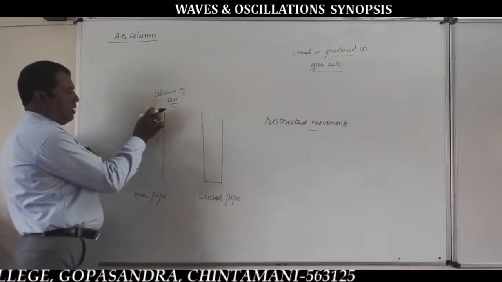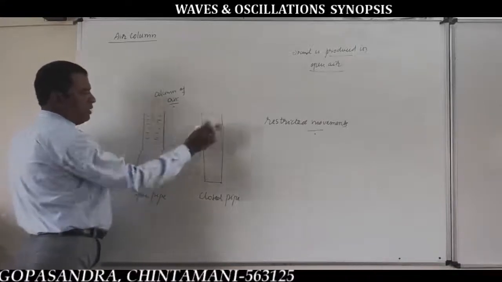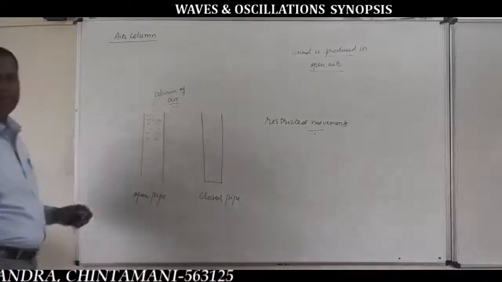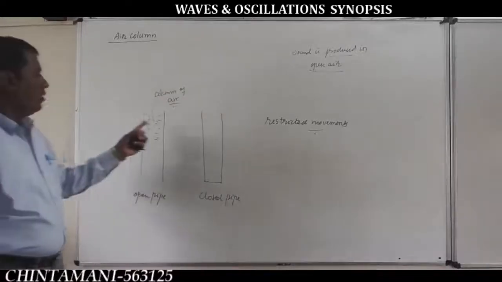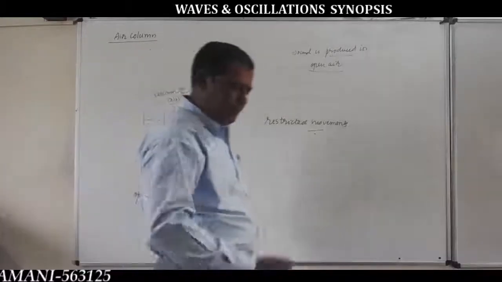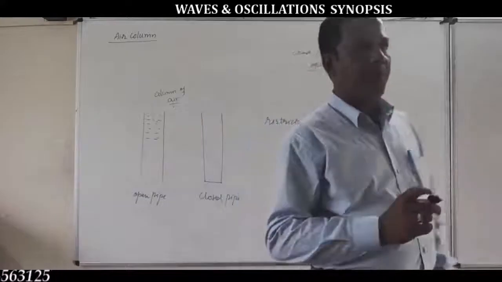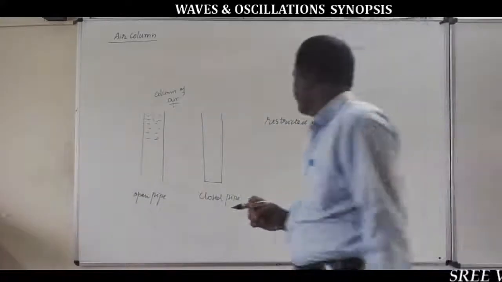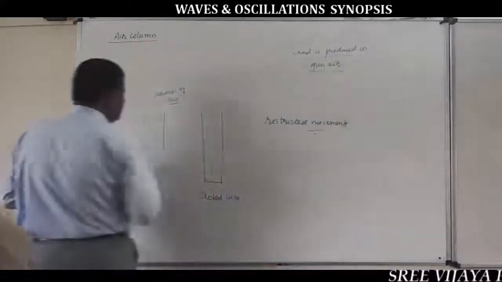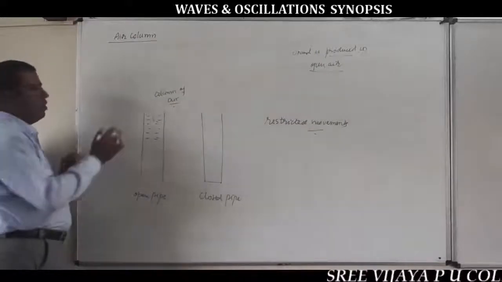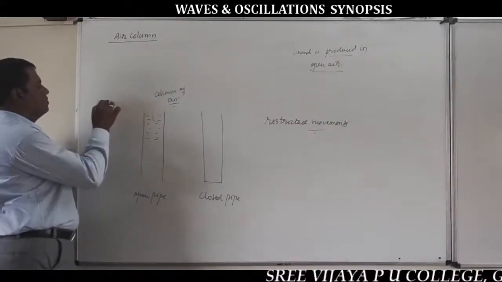So now this is the open end, this is another open end. Now when you blow the air at the mouth of either open pipe or closed pipe, there is a generation of longitudinal waves.